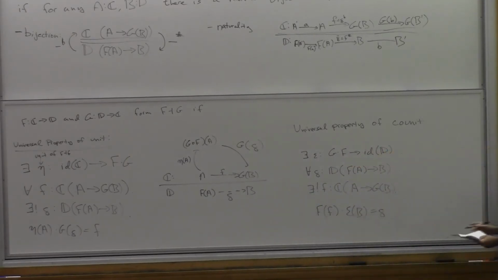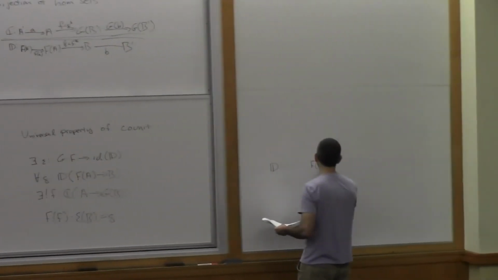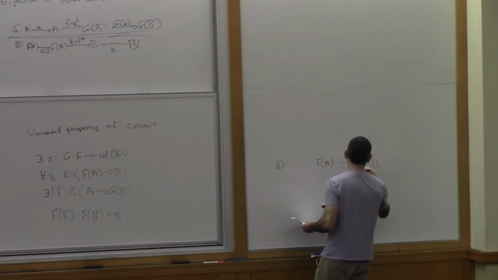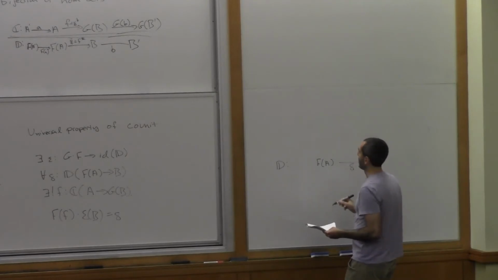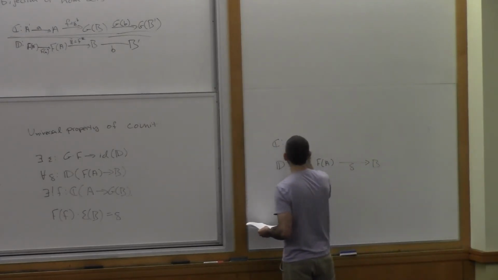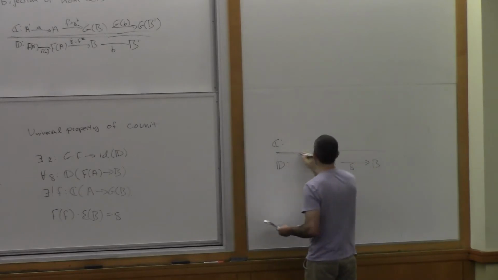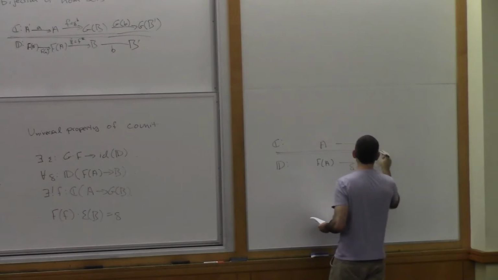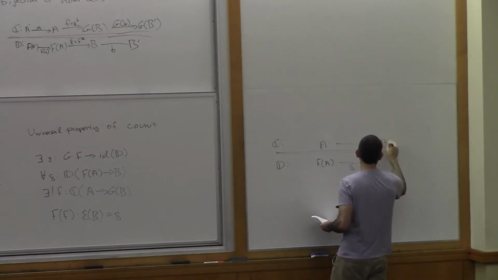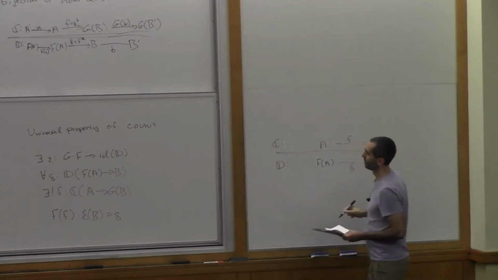it just gives us back our original arrow. So let's draw this. I'll put it over here. Right, so what does this say? We have in D an arrow from F of A to B, and that's called G. And now we're saying in C, there's a unique arrow going from A to G of B, and this is our F, right?